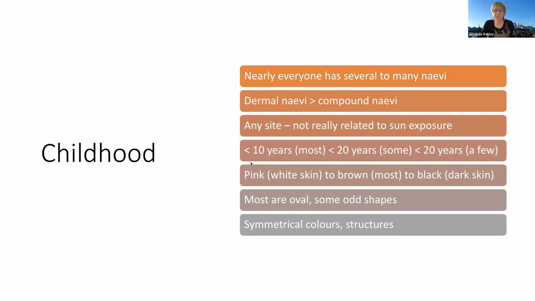They can occur anywhere because they're not really related to sun exposure, although increasingly we appreciate that sun exposure can increase the number of them. They mostly arise before the age of 10, a few during adolescence, and very few during adult life.